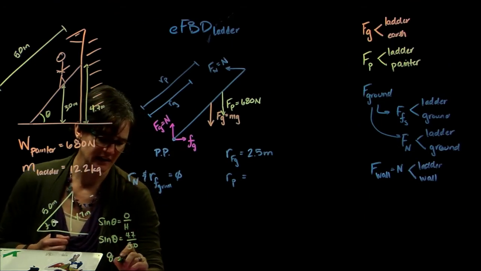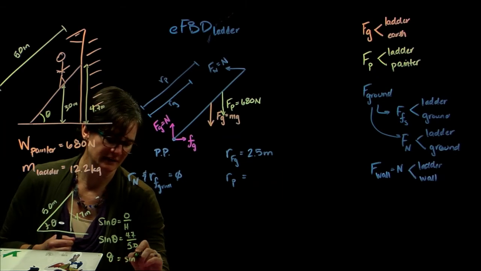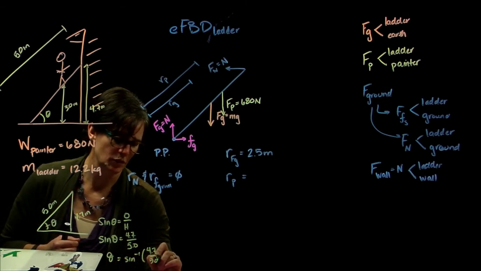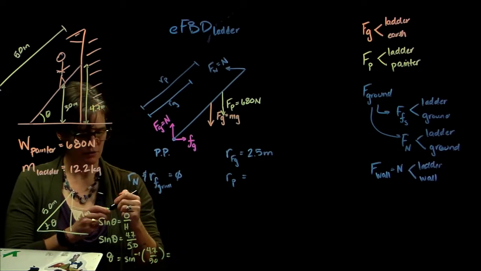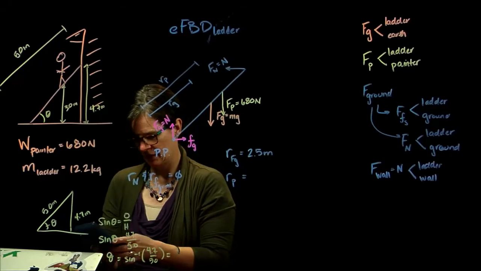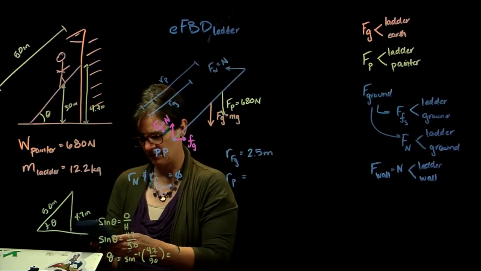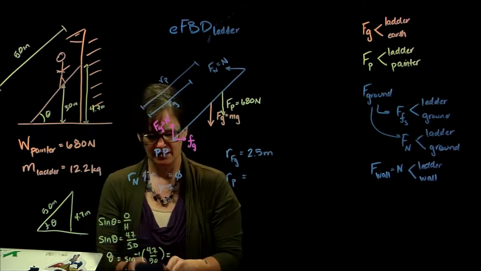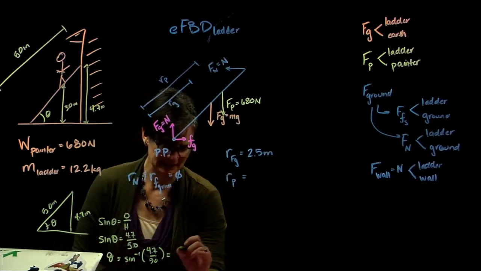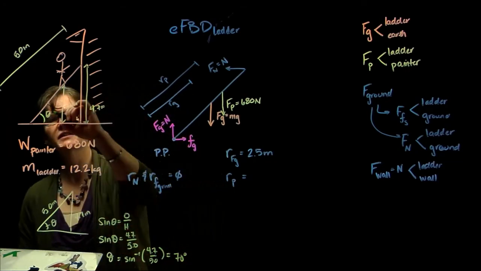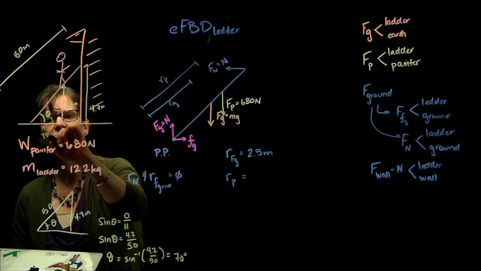So theta is the inverse sine of 4.7 over 5.0. 4.7 divided by 5.0 is 0.94, and the inverse sine of that is 70 degrees. So this angle here is 70 degrees.